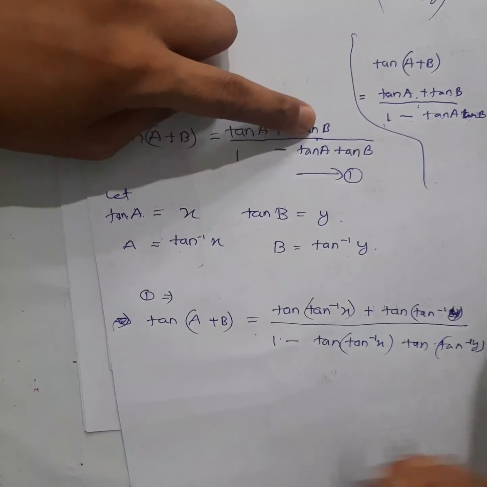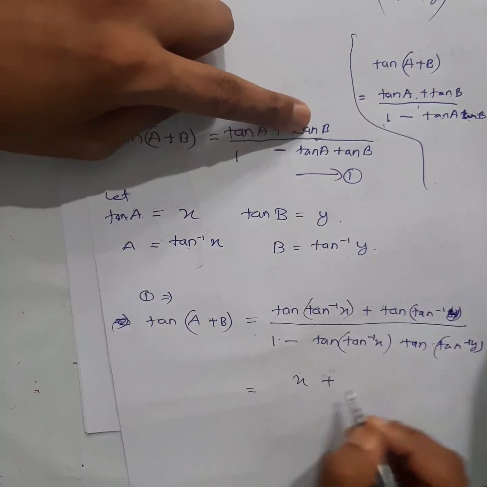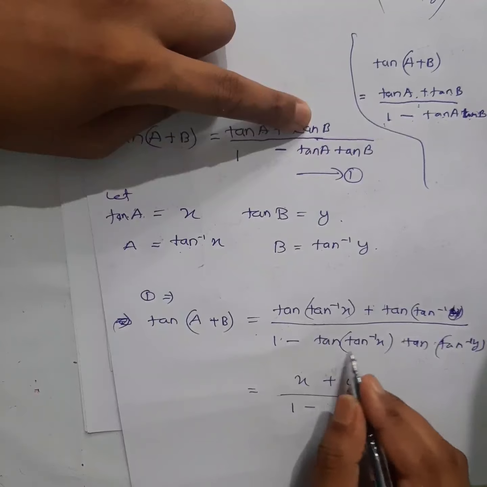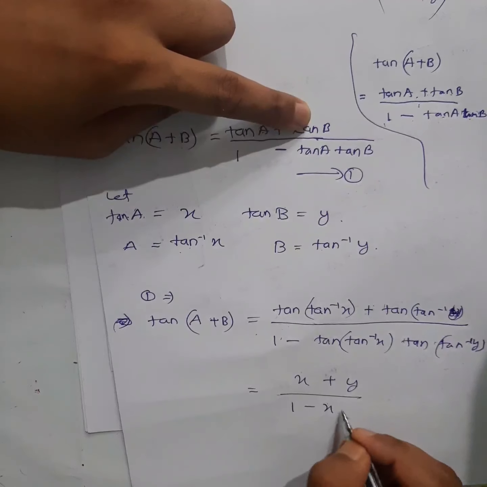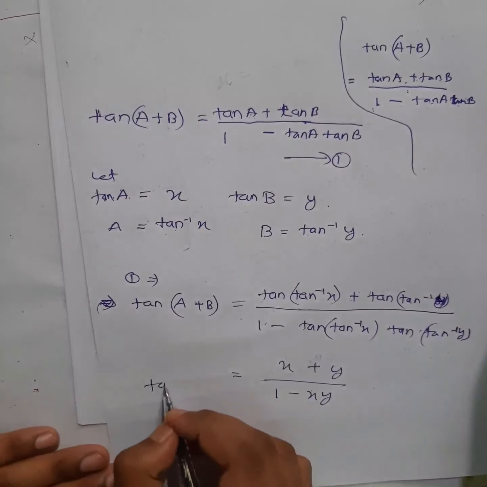So tan gets cancelled. This one, what will you get, x plus y by 1 minus x times y. So see, I got this one right.